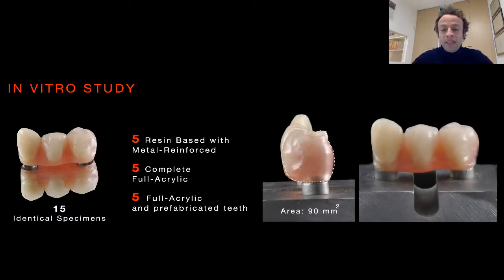But the most important thing is to consider that all the specimens had a section area of 90 square millimeters. Why? Because after an evaluation of all the cases managed at that time in our daily routine, we evaluated the mean of the area that we had in our rehabilitations, and so in this study the specimens had this area.